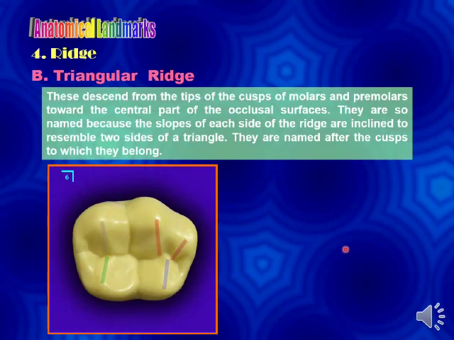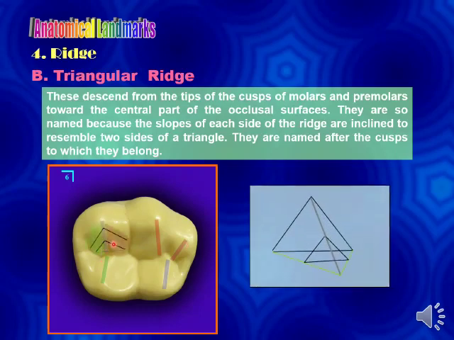They are so named because the slopes of each side of the ridge are inclined to resemble two sides of a triangle. They are named after the cusp to which they belong. The triangular ridge is shaped like a triangle and descends from the tip of the cusps toward the central part of the occlusal surface. Its name follows the cusp, for example the buccal triangular ridge of the buccal cusp.